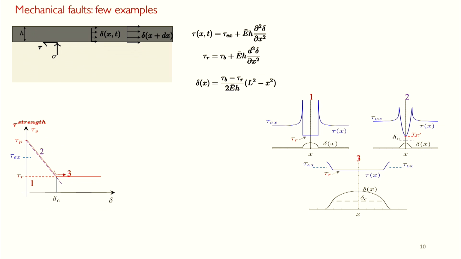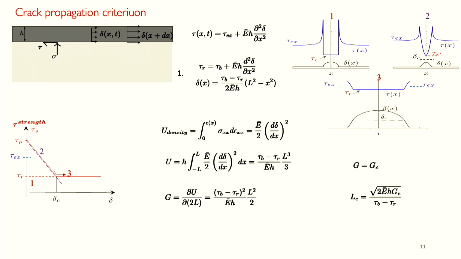So we can have tau residual and tau external outward, and this is model 3 where we drop and then settle to one particular place. These are slip dependent constitutive formulations, and they crack, and you see this is a different profile here, so there is no stress singularity here anyway. So again, what's the propagation condition?